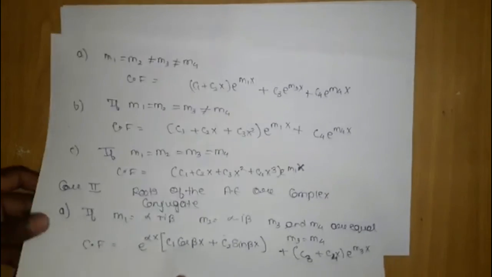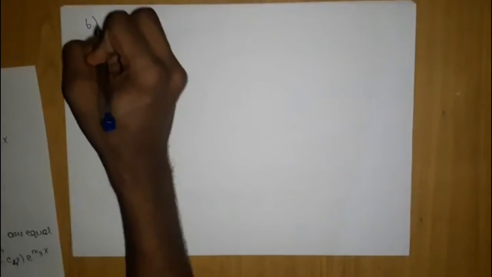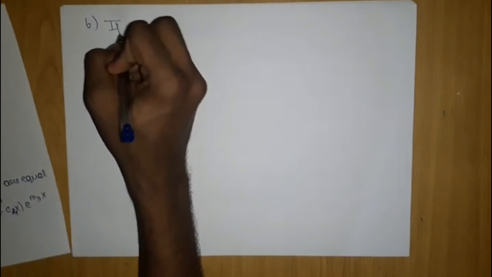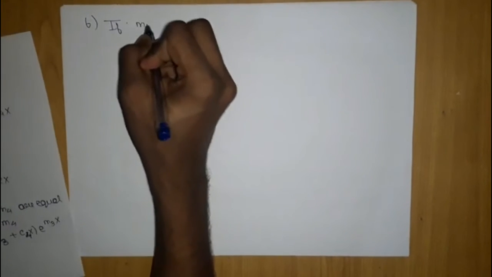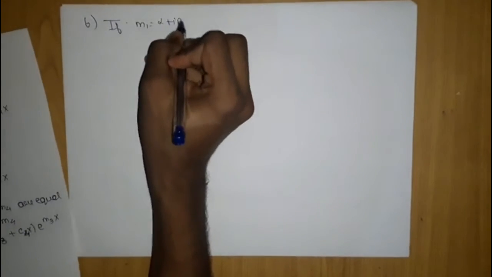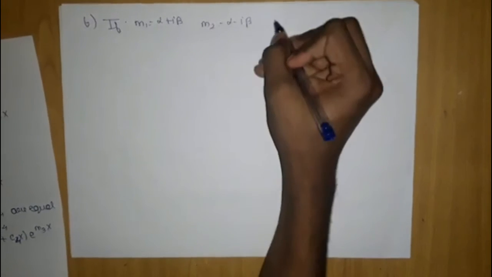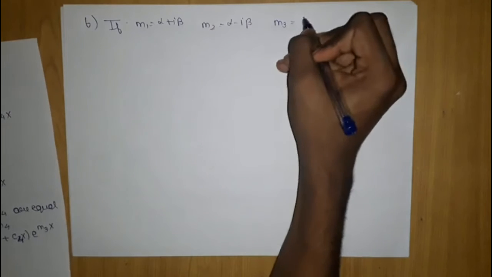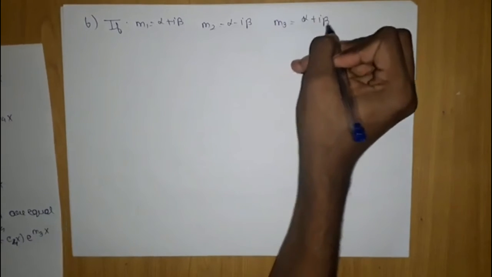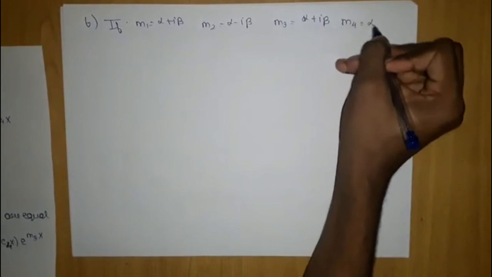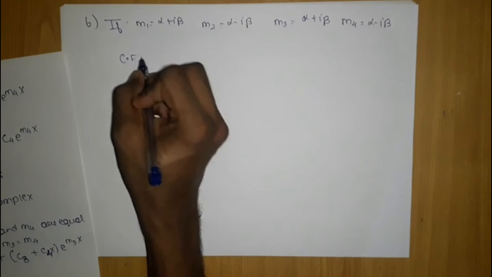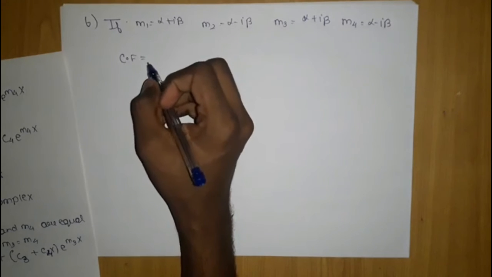Now let's see the last case, which is B1. If m1 is alpha plus i beta, m2 is alpha minus i beta, and m3 is alpha plus i beta again, and m4 is also alpha minus i beta. So how will you write the complementary function?